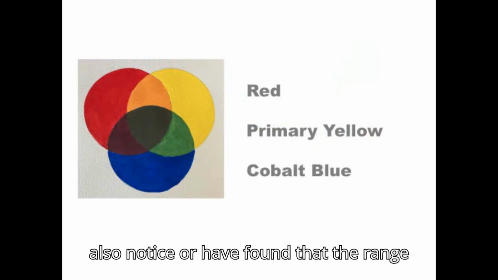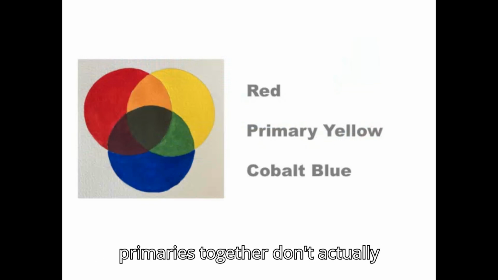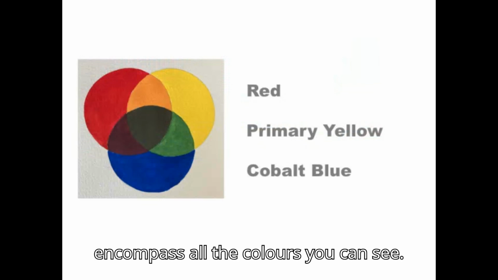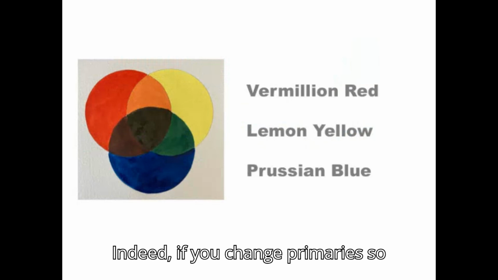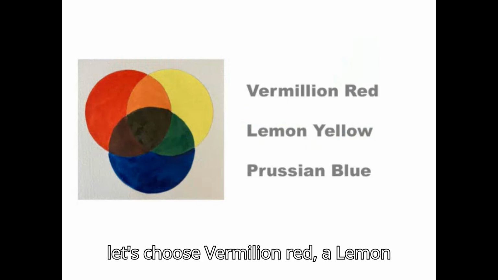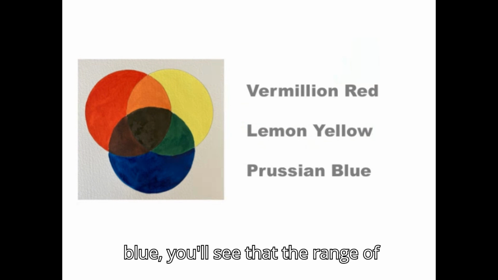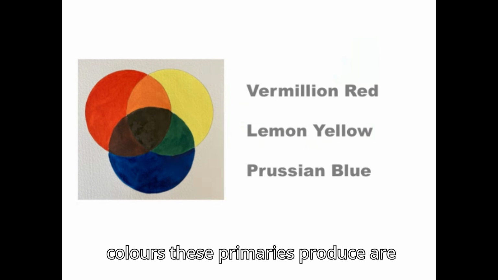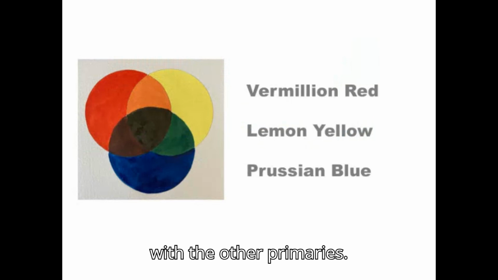You'll also notice that the range of colours produced from mixing all these primaries together don't actually encompass all the colours you can see. Indeed, if you change primaries, so let's choose a vermilion red, a lemon yellow and a Prussian rather than cobalt blue, you'll see that the range of colours these primaries produce are actually different to the range created with the other primaries.